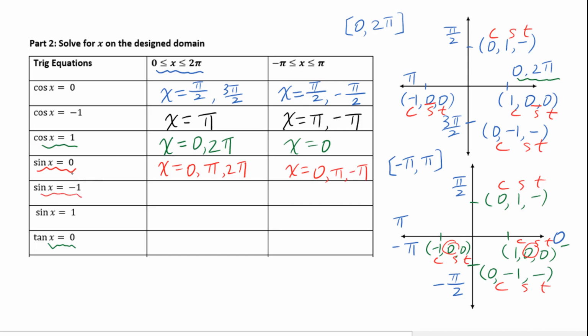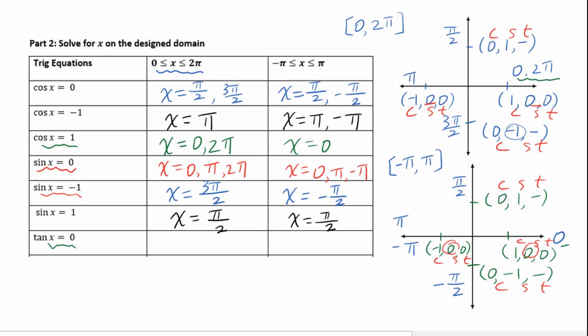When sine x equals negative 1, for the first diagram, you have 3 pi over 2. For the second diagram, it will be negative pi over 2. For sine x equals 1, the first diagram is pi over 2. The second diagram is still pi over 2.